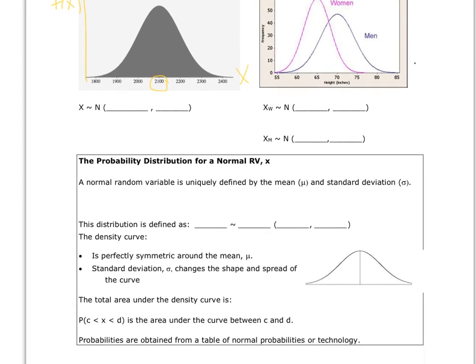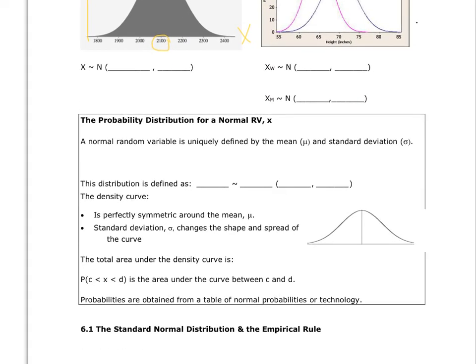Let's look at the characteristics of a normal random variable. A normal random variable is uniquely defined by the mean and standard deviation. So again, like uniform is defined by the minimum and maximum value, and binomial defined by n and p, the normal distribution has two parameters that it's defined by.